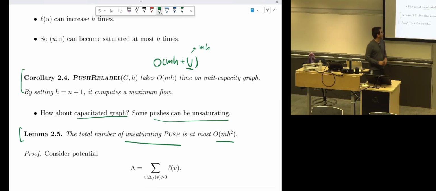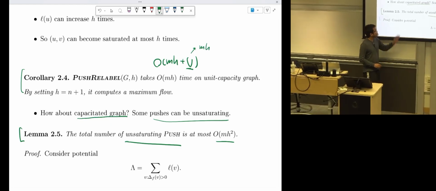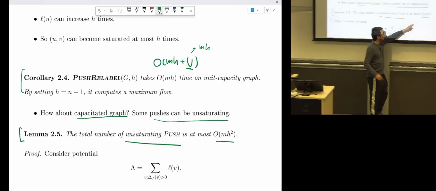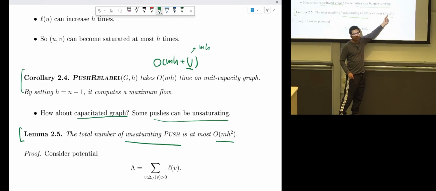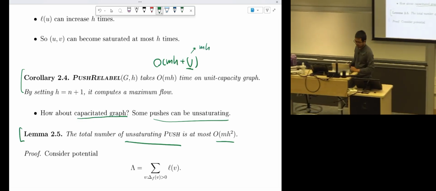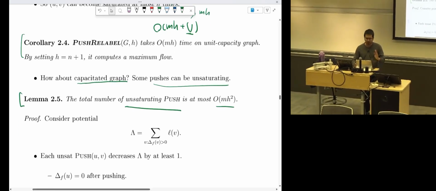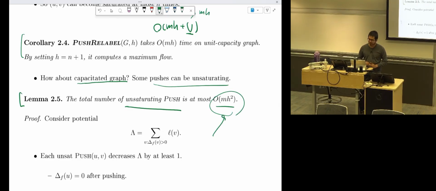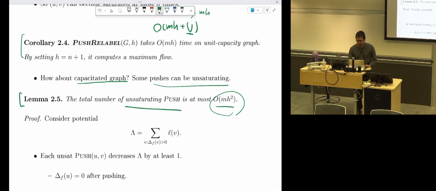But for now, just note that in this basic version of push-relabel, the number of unsaturated pushes can actually be as big as this, and we can bound it to be mH^2. So it's not great. The proof uses some potential function, but we have a way to improve this, so I'm just going to go there.